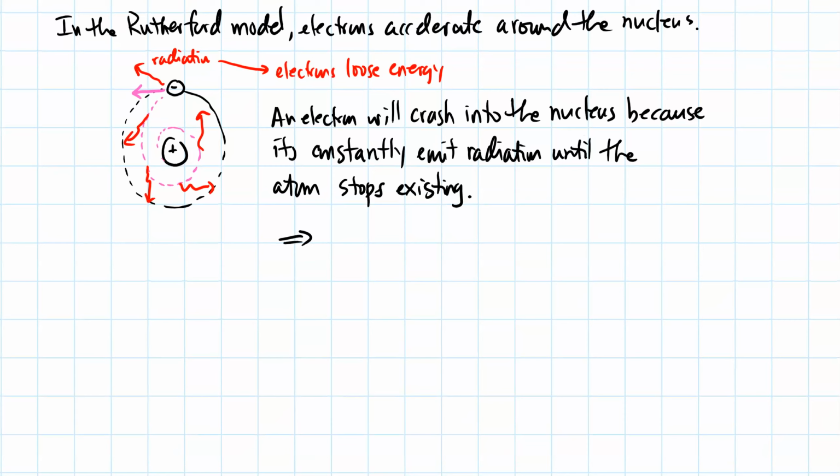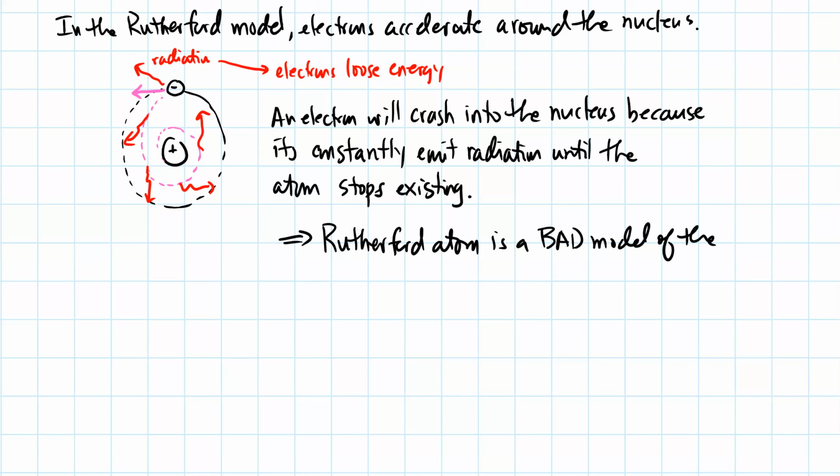Therefore, the Rutherford atom is a bad model of the atom. The common picture that you see of the atom going around in circles is not a good model.